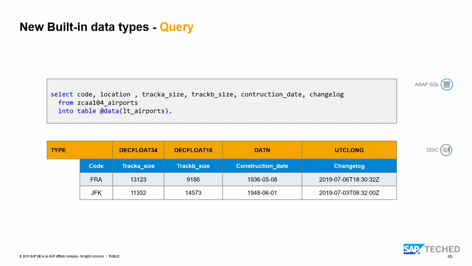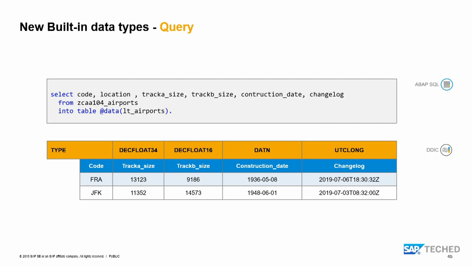Here we have a small sample with the airport information. We defined DECFLOAT34, DECFLOAT16, the new DATN type, and UTCLONG that represents our change log. We see that DECFLOAT34 and DECFLOAT16 are the same; they are just a large floating point number.